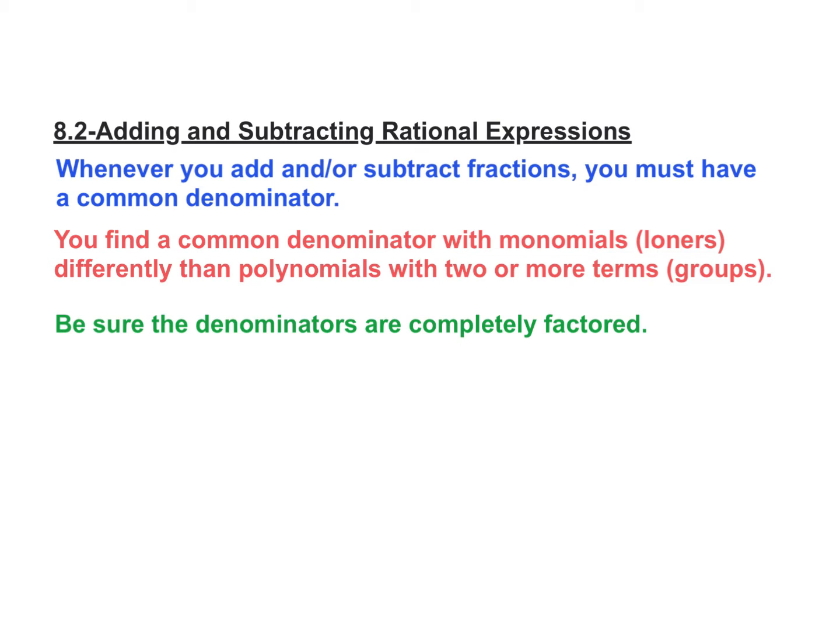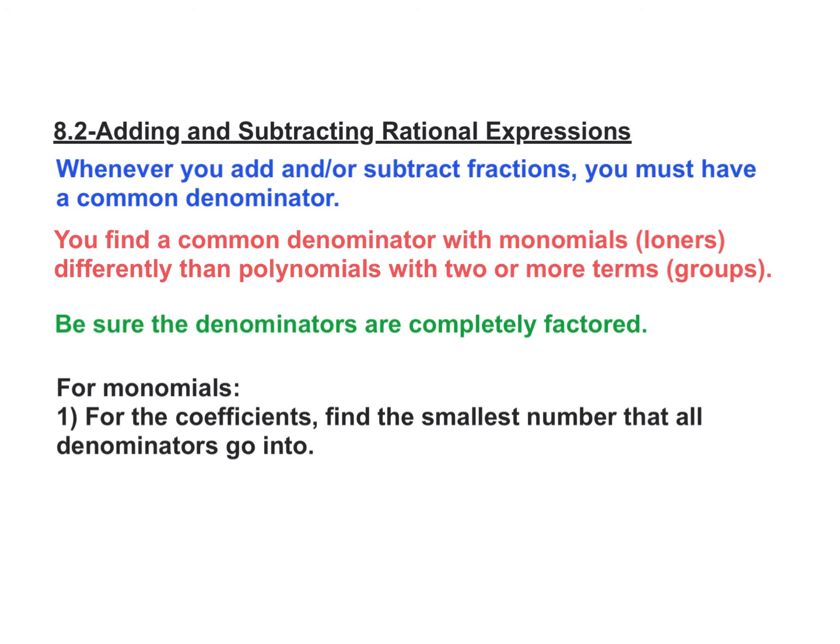So by factoring the numerator, you're going to end up multiplying it back together anyway. So you only need to worry about the denominator. Make sure it's completely factored. All of the denominators are completely factored.